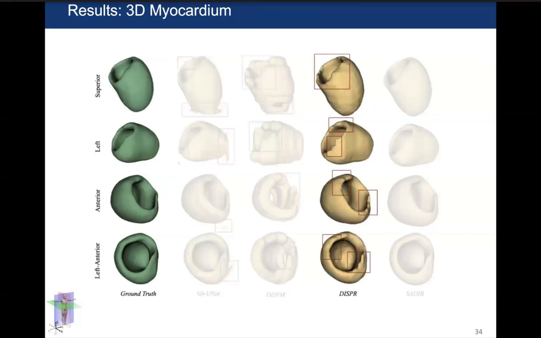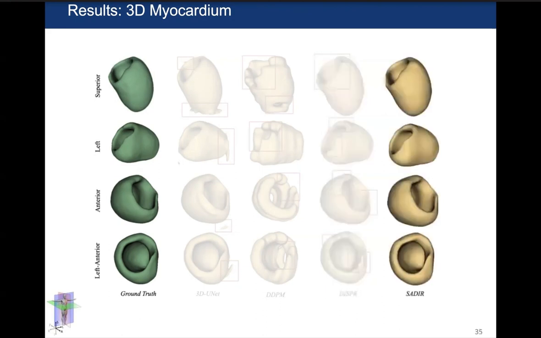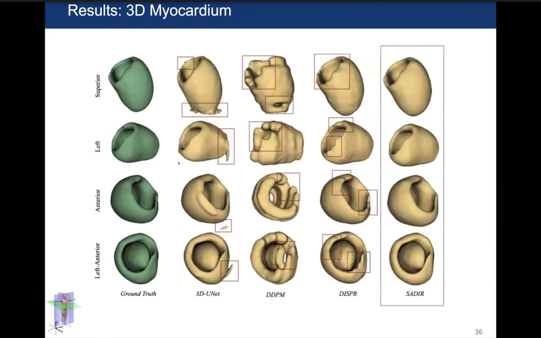Though DISPER preserves the shape of the organ, it does not have a smooth surface, particularly in regions where the 2D slice cannot provide information regarding the thickness of the organ's tissues, such as the opening of the myocardium. Our method preserves the topological features of the organ. So here's a snapshot of the predictions of SADIR along with the predictions from other SOTA models.